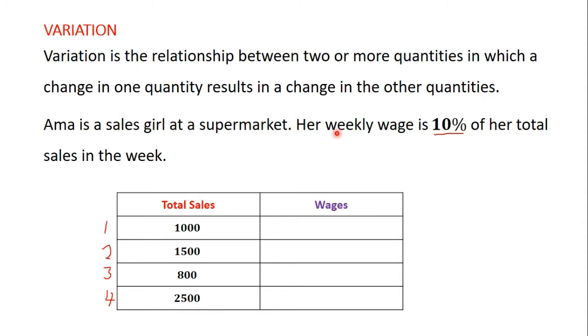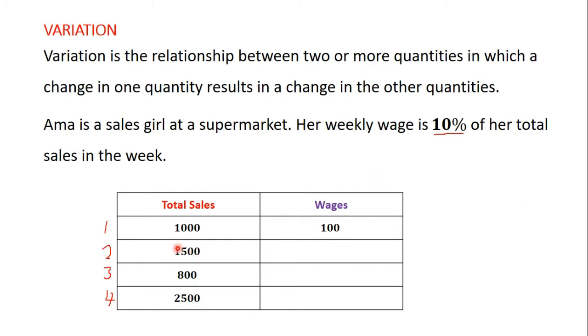The point says that her weekly wage is 10% of her total sales. So her weekly wage for the first week will be 10% of 1,000 cedis. And 10% of 1,000 cedis is 10 divided by 100 times 1,000. That will give us 100 cedis.